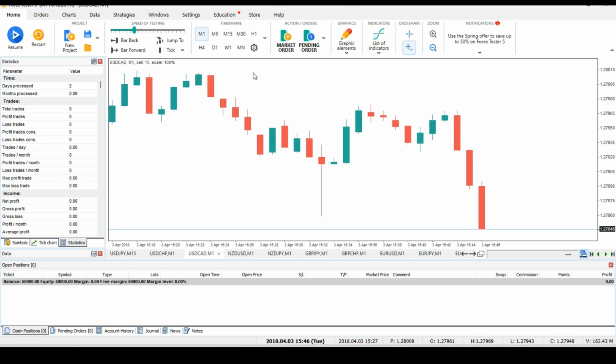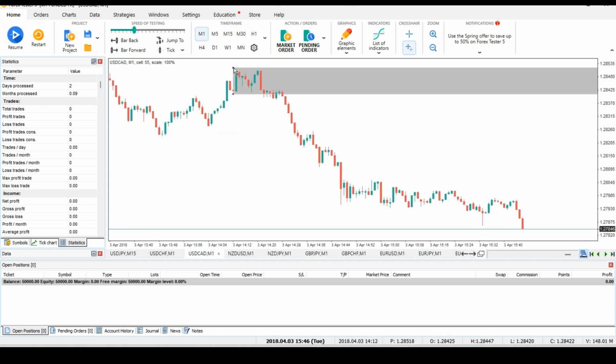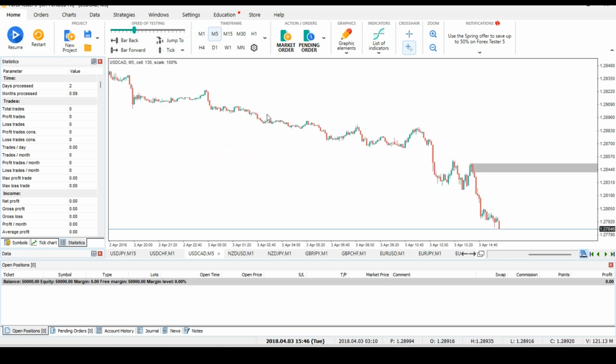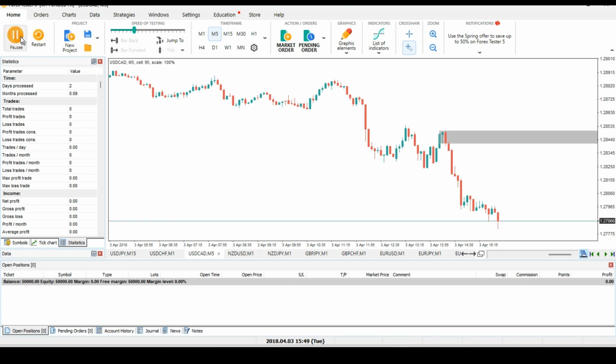Let me go to the 1 minute so I can refine it nicely. For me, this is a nice zone to sell from, so I'd like price to push back into this area. As the market keeps on going, I'll keep on identifying more structure that I can trade from, and everything else. So let's go.